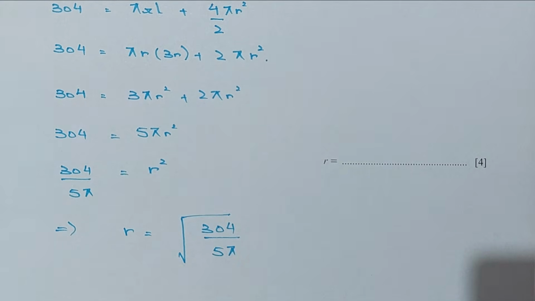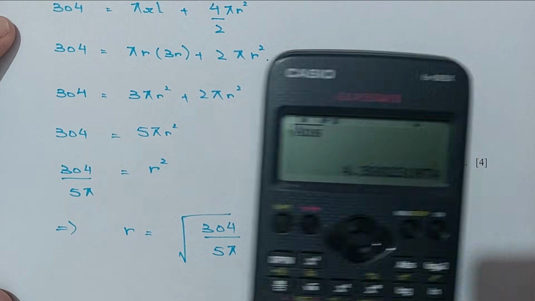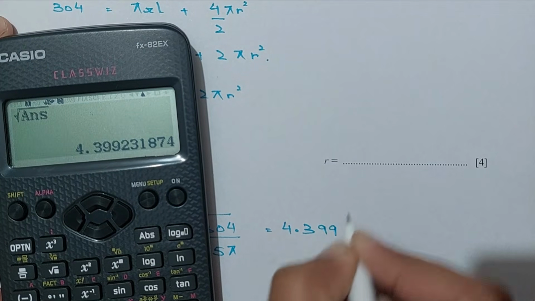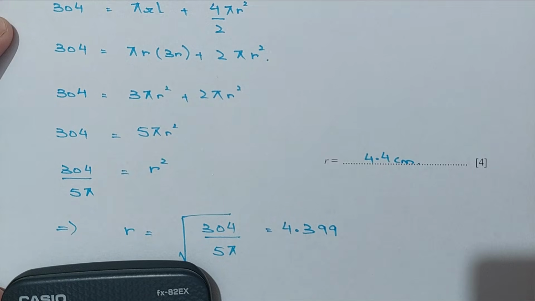Let me simplify. 304 divided by 5 pi, and the square root of the answer is 4.399, or we can say 4.4 centimeter. That would be the radius.